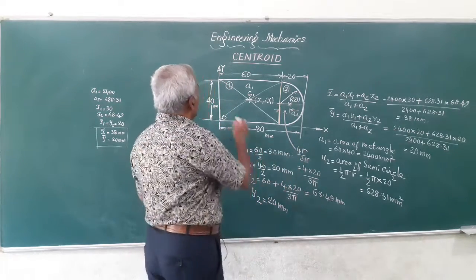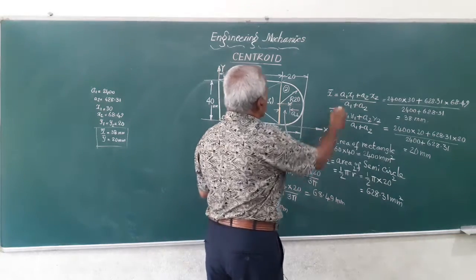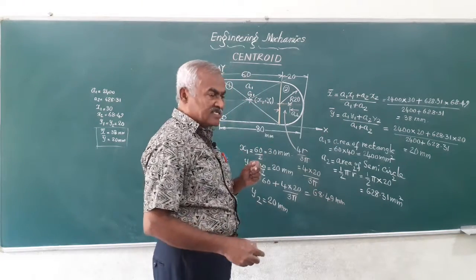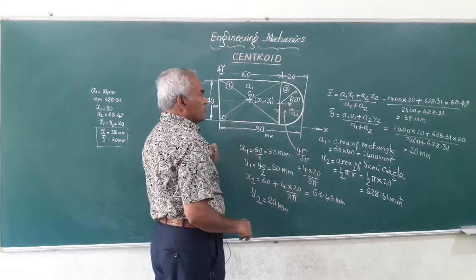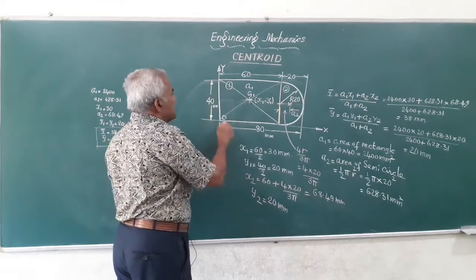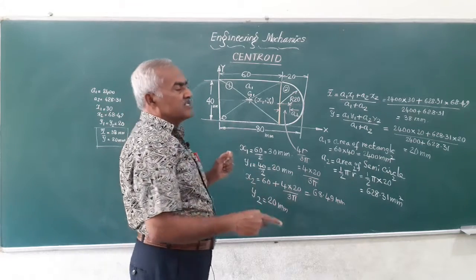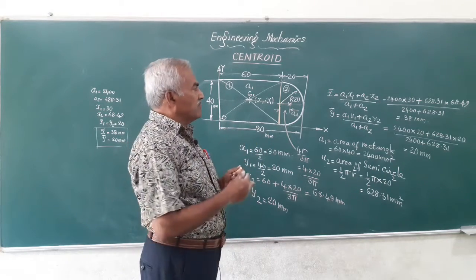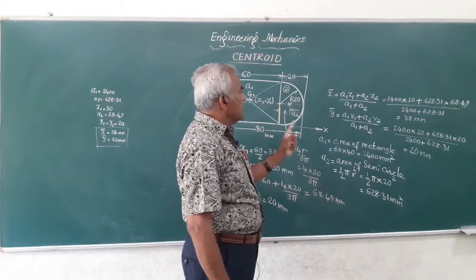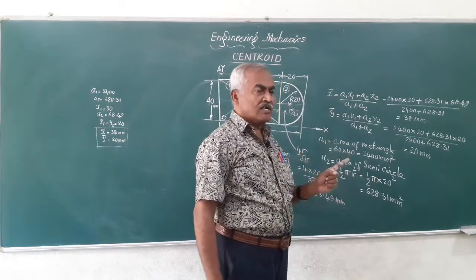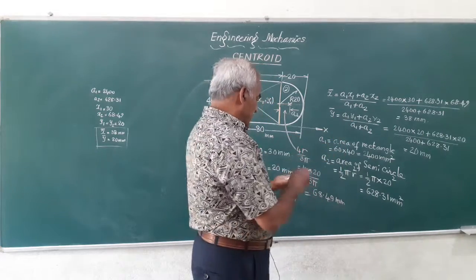Whenever the figure is symmetrical about a horizontal axis, the y bar is this height divided by 2. Similarly, if you have a triangle connected here, even in that case, this is going to be the same value. But in the examination, you cannot just write like that. You will have to show the calculation and show finally what the values are.